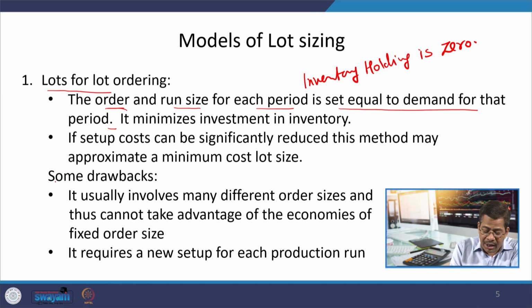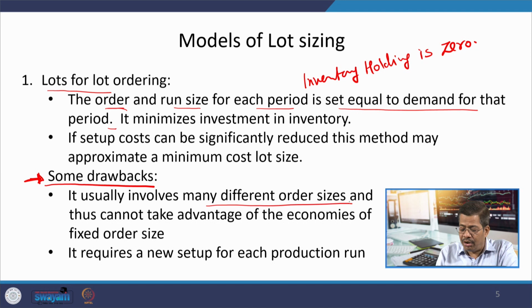But there are some limitations also, because it usually involves many different order sizes. Every time your demand is changing, the order quantity will also change, and therefore you may not be able to get the advantage of economies of fixed order size, because every supplier or every setup may not have the convenience or expertise to handle different order sizes.